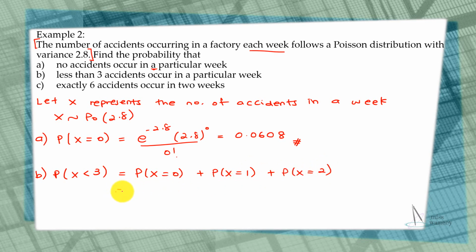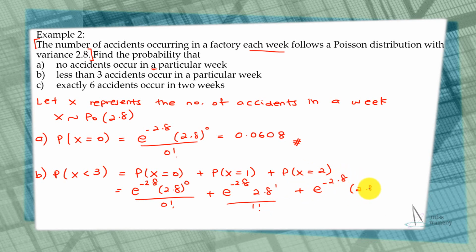So this is simply e to the power of negative lambda, lambda to the power of X over X factorial, plus e to the power of negative 2.8, 2.8 to the power of 1 over 1 factorial, plus e to the power of negative 2.8, 2.8 to the power of 2 over 2 factorial.